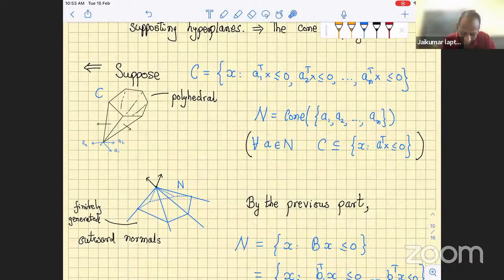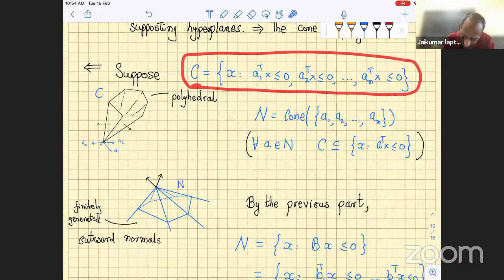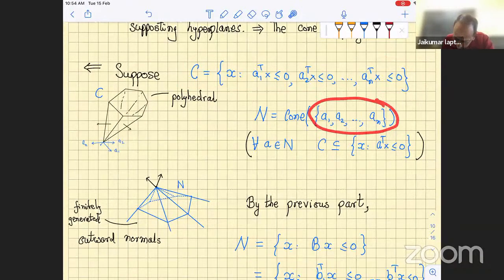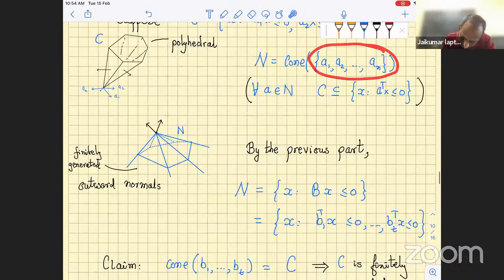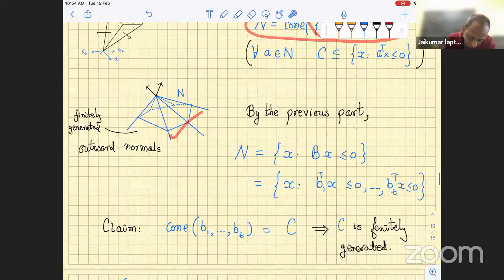It is not circular. So we were given this polyhedral cone. We looked at the normals. We generated the cone out of the normals. That was this cone. This cone had its own, so to say, faces. It was generated by these equations, these inequalities.